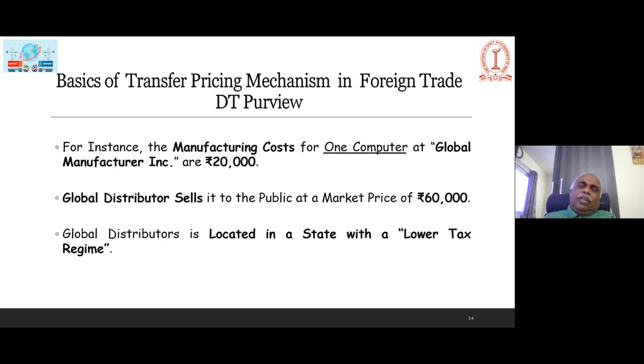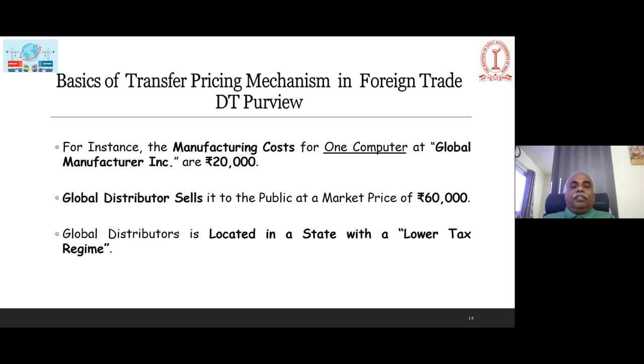Even within a country, backward states have tax holidays, tax incentives, or hill area concessions. Across the globe, some taxes are lower, some are higher.